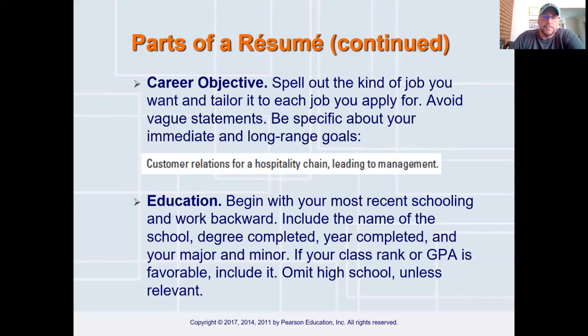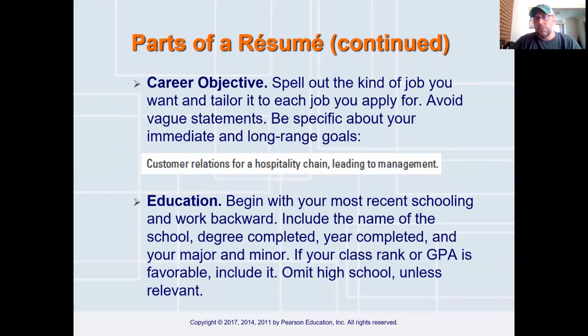Career objective, spell out the kind of job you want and tailor it to each job you apply for, okay? Avoid vague statements and be specific about your immediate and long-range goals. This is what I was talking about. Often I will see, and listen, there's nothing wrong with the summary, and I know that you're going to hear from different people, like career services and different companies, that may say a summary is fine. And it is.